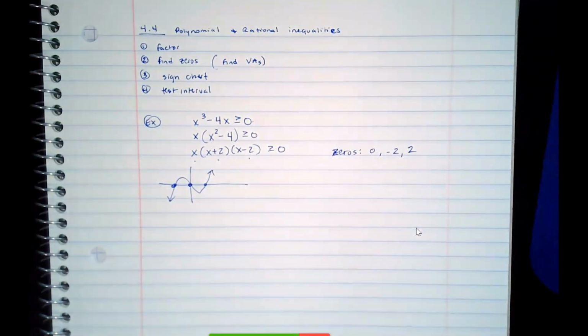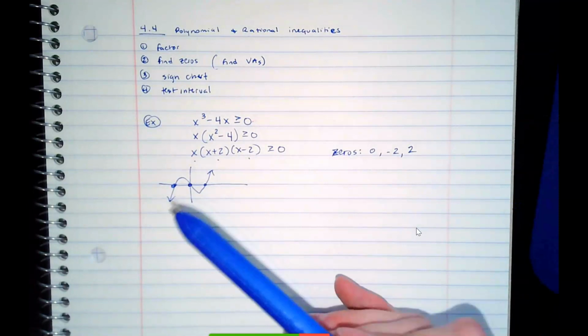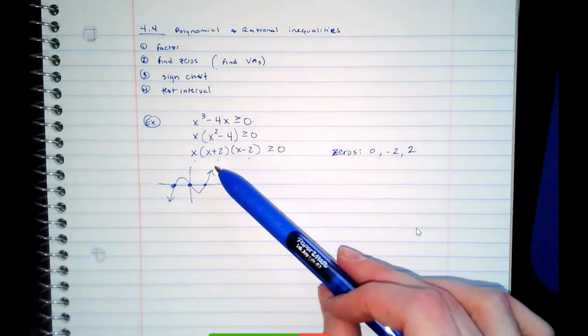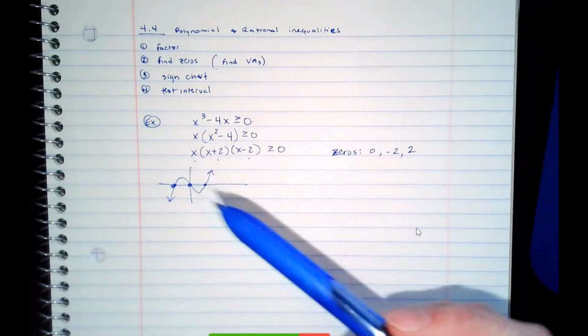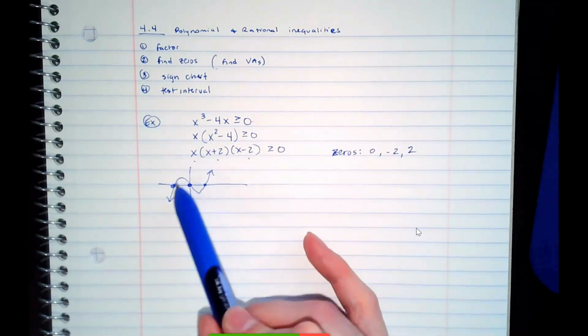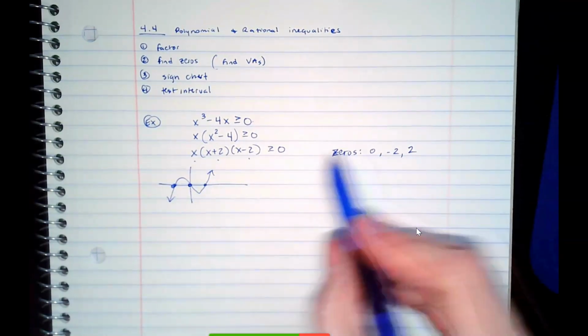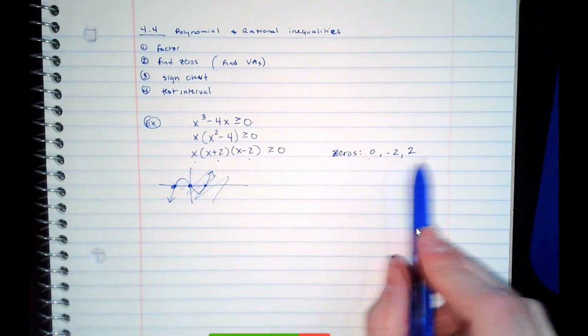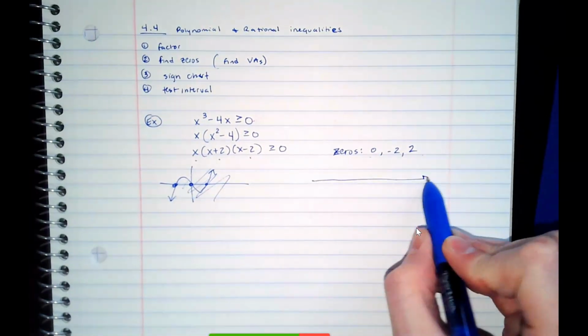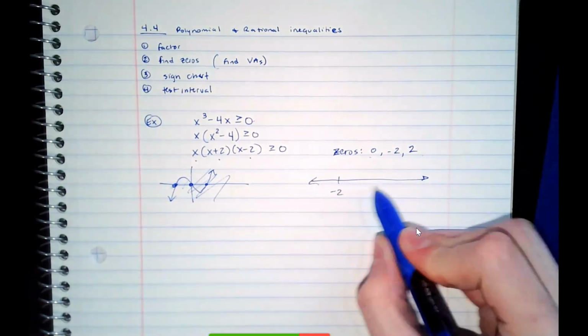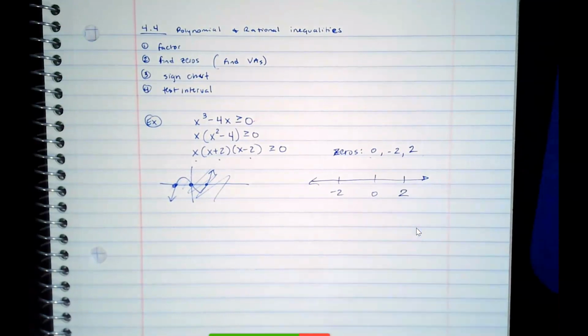Something like this. The idea here is that the graph will be above 0 and below 0, and it'll only change when it crosses the x-axis. So we're going to take these x-intercepts, put our zeros on the number line, and we're going to test each of these intervals.